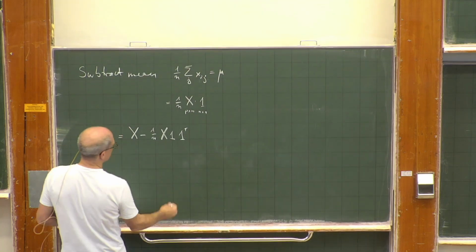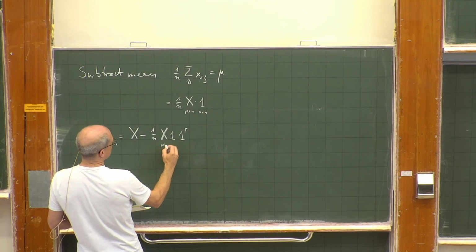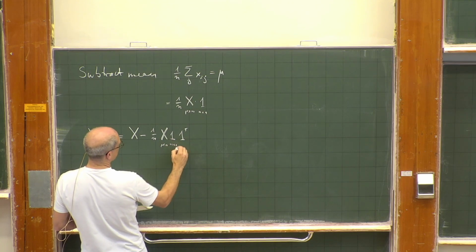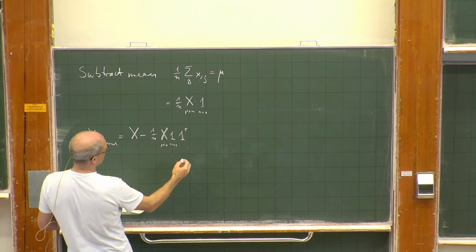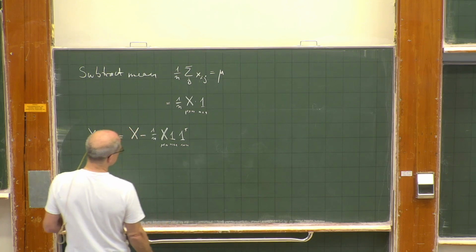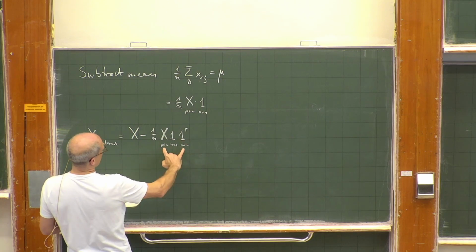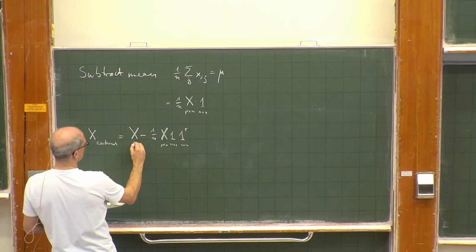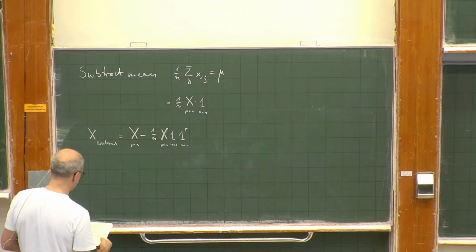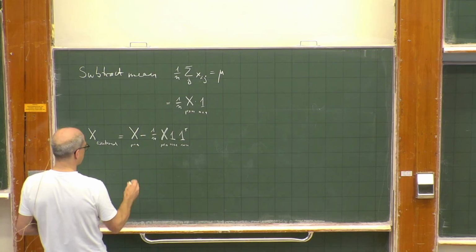So let's look at the dimensions. This is p times n. This here is n times 1. So the whole thing is p times 1. And this here is 1 times n. And then overall, I get something which has the right dimensions, p by n. So I have two matrices of the same shape, and I can subtract one from the other.